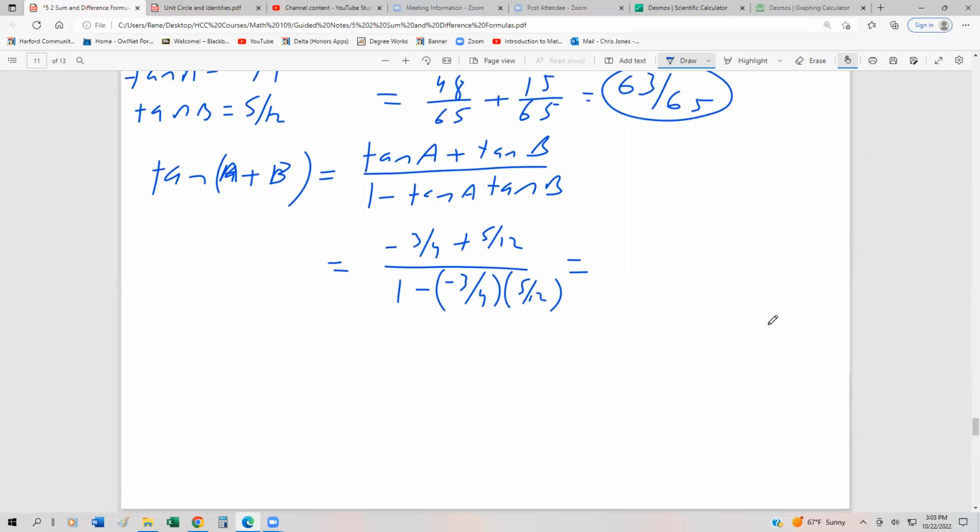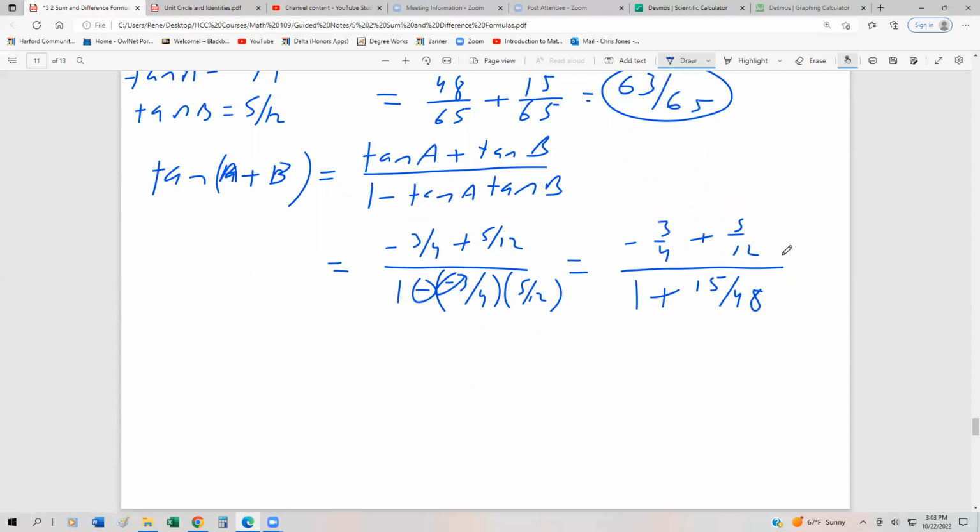So in the denominator, this is just going to turn into 1 plus 15/48. All right. And I want you to notice that both of these are negative. So it turns into a positive, and we just multiply across. And then the numerator, that's just going to be negative 3/4 plus 5/12.